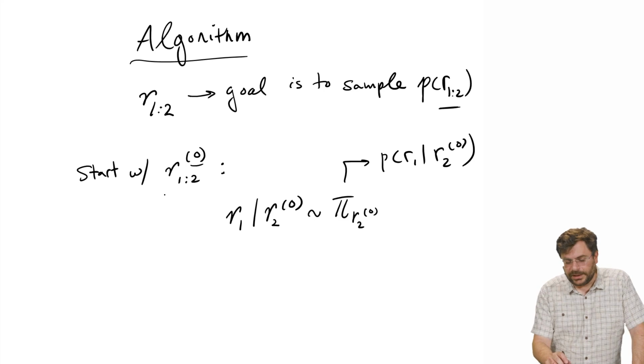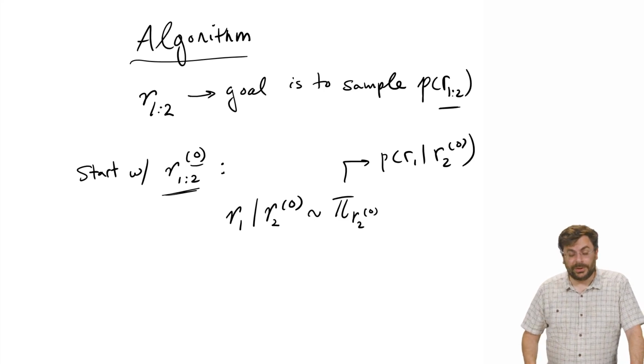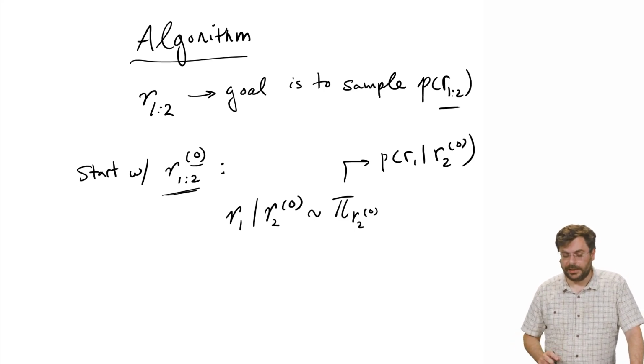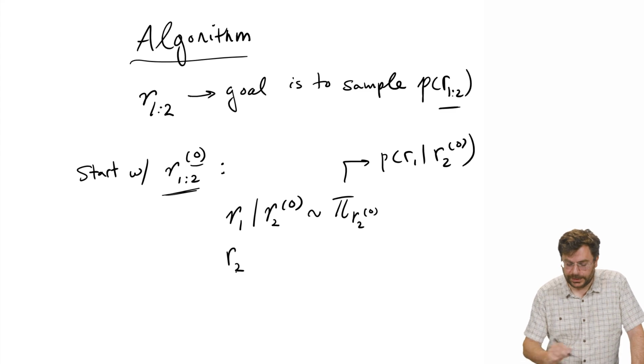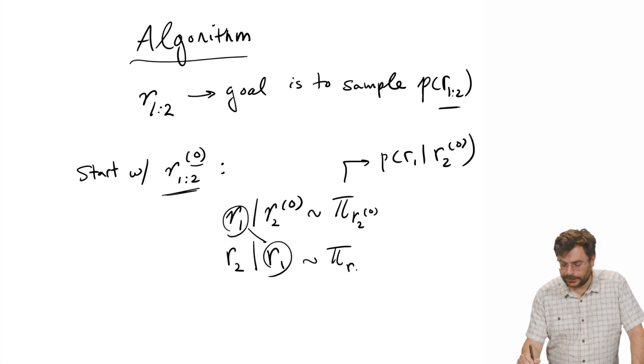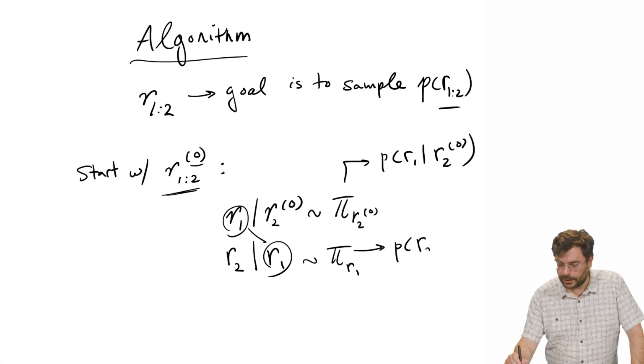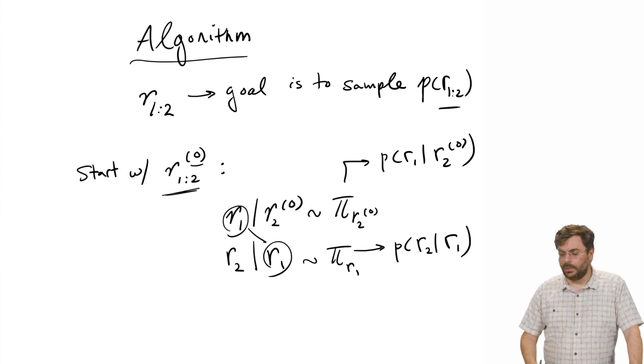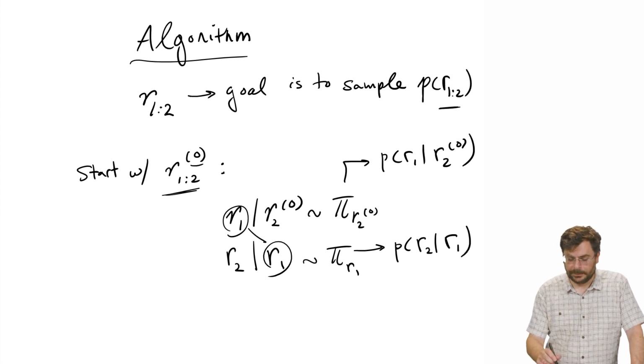Now, we've initiated R1 and R2, but we don't actually need R1 naught, because what we're then going to do is sample R2 given the R1 that we have just sampled, and that's going to be sampled from P of R2 given the R1 that we have just proposed.